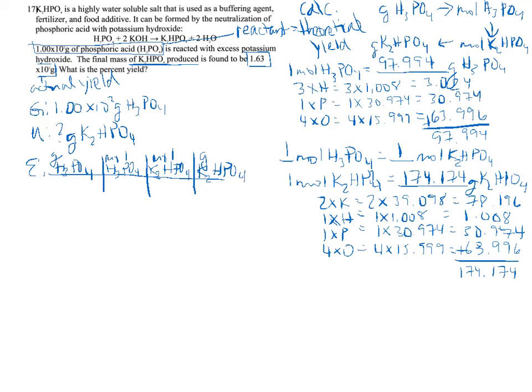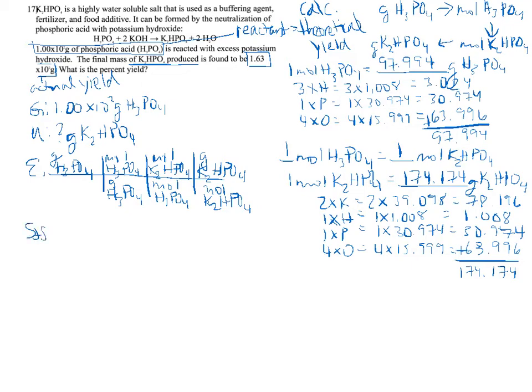And then we just need to cancel out our units, so that means grams of H3PO4 on bottom, moles of H3PO4 on bottom, and moles of K2HPO4.